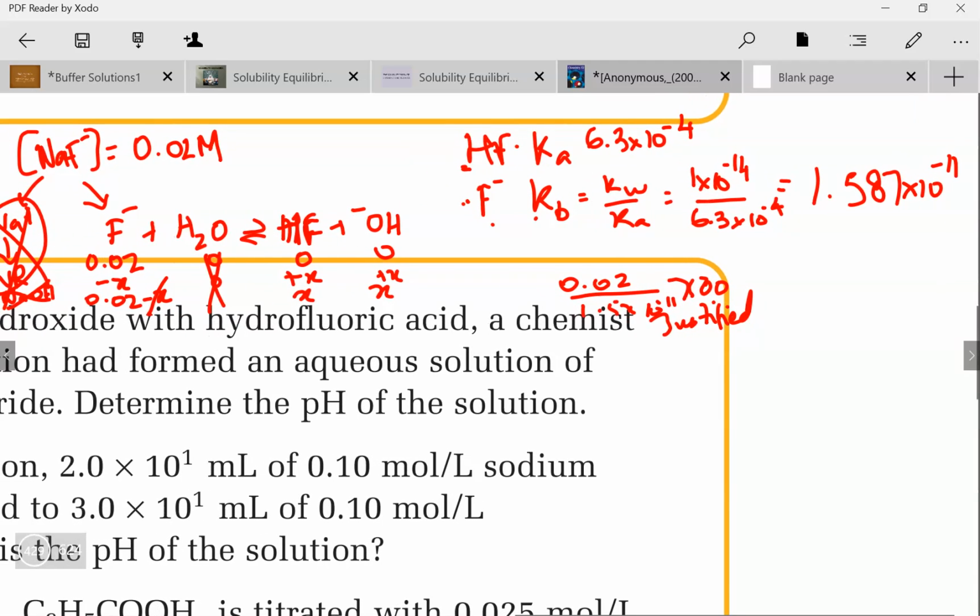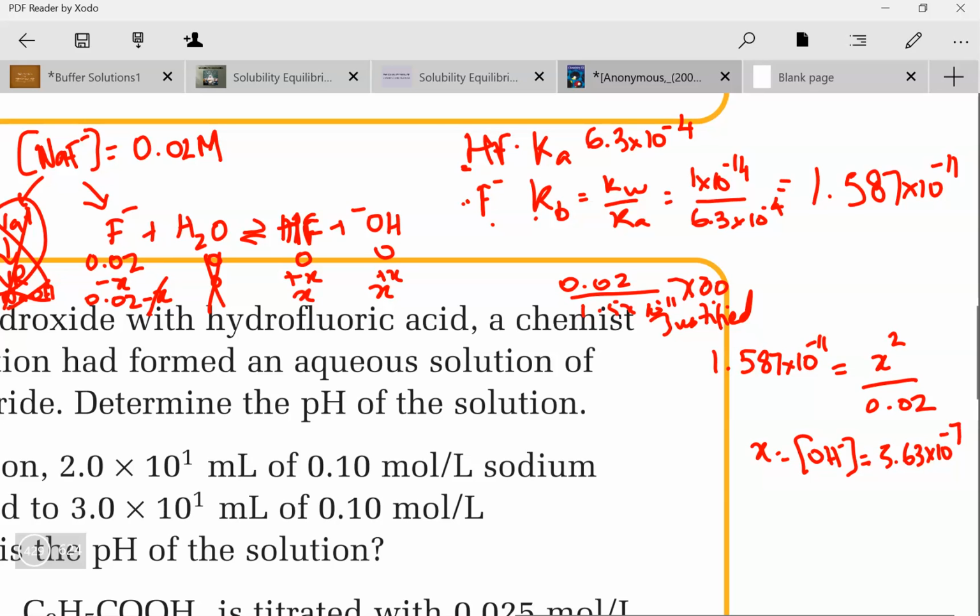We just do 1.587 times 10 to the power of negative 11, or the Kb, equals x squared divided by 0.02. So we're just going to multiply this by 0.02, take the square root of that, and we get our x, which is our OH minus concentration, essentially, that's what we're looking for, 5.63 times 10 to the power of negative 7.